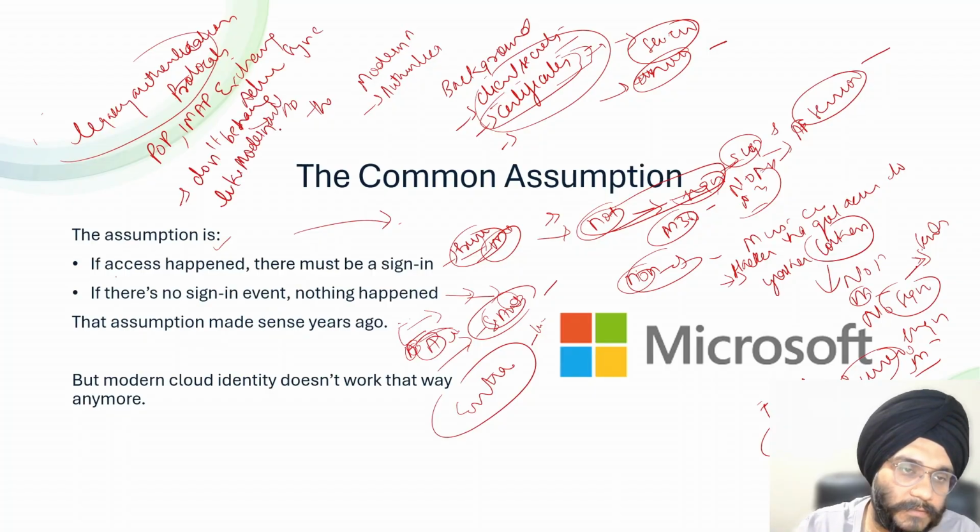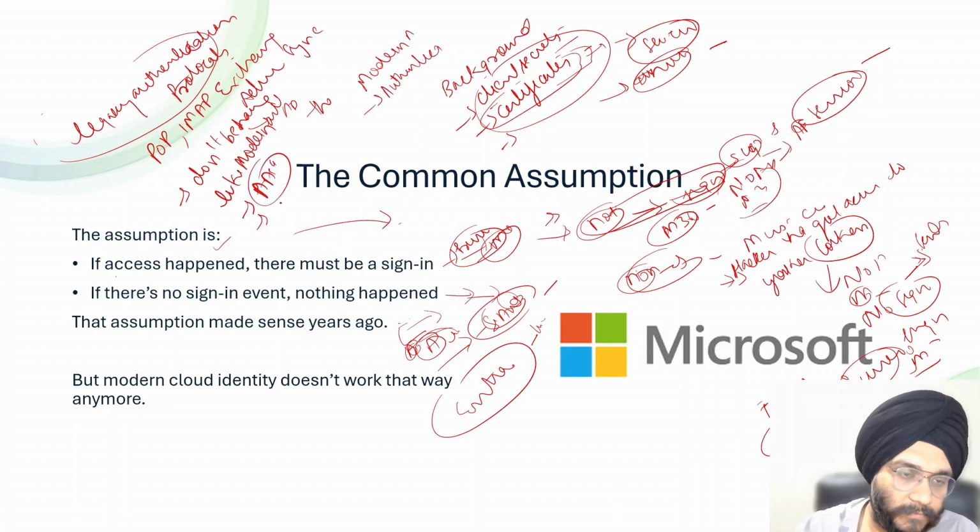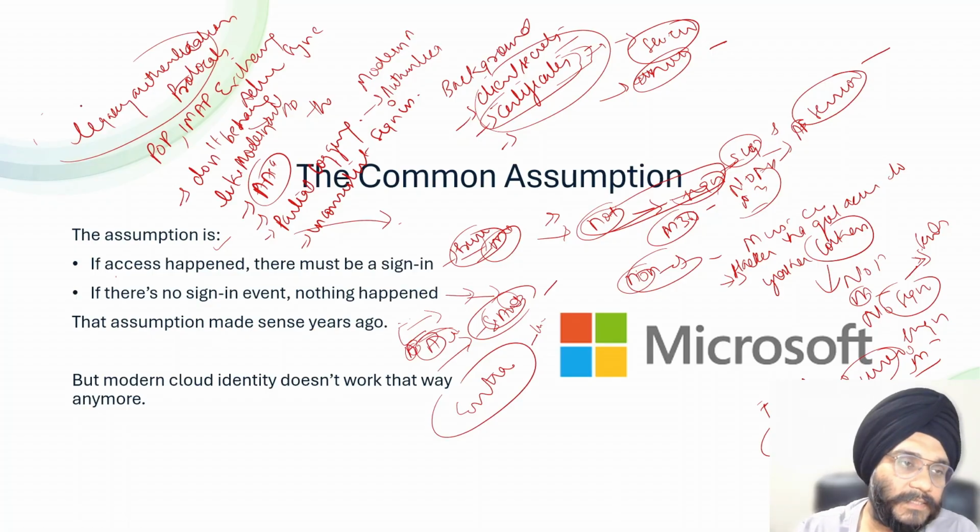This means partial logging, because they don't know how to fully work with modern authentication. The result is partial logging and inconsistent sign-in details. That's why legacy authentication is so dangerous, and that's why we must disable legacy authentication.